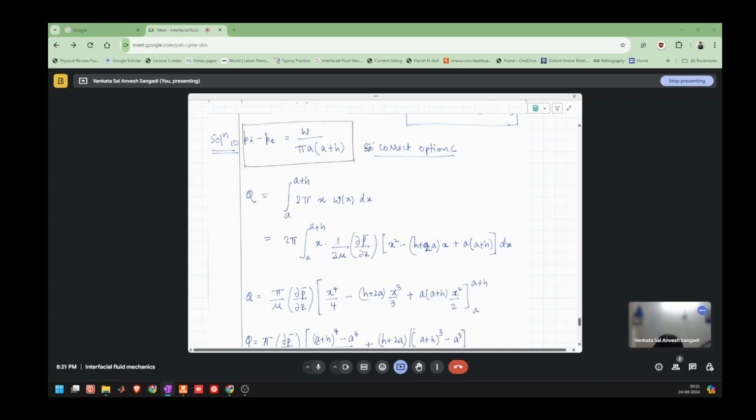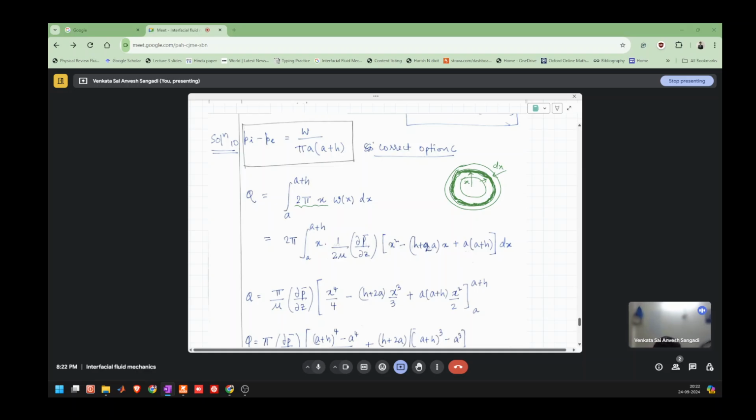For volume flow rate Q, the expression is the integration of 2 pi x dx, which is a cylindrical ring of thickness dx and radius x.